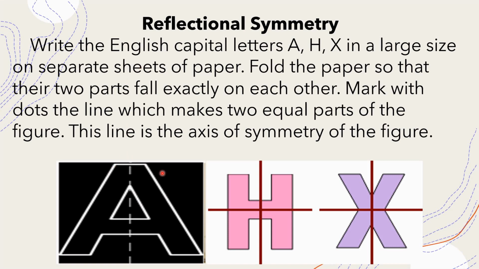Fold the paper so that the two parts fall exactly on each other. Mark with dots the line which makes two equal parts of the figure. So this line is the axis of symmetry of the figure. Here you can see the axis of symmetry of the figure.